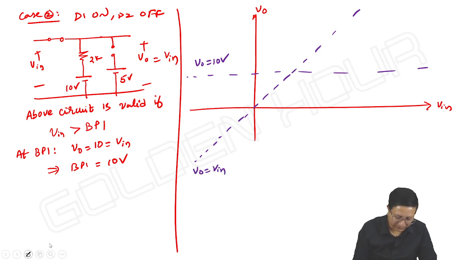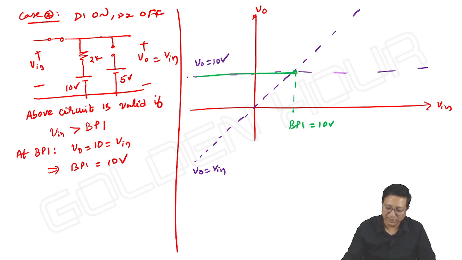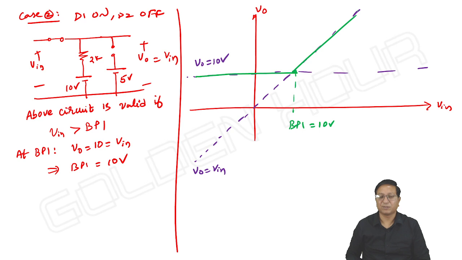So, what is our breakpoint? Only breakpoint 1 whose value is 10 volts. Input less than breakpoint, output is 10, and input greater than breakpoint, output is equal to input. This is an interesting thing.